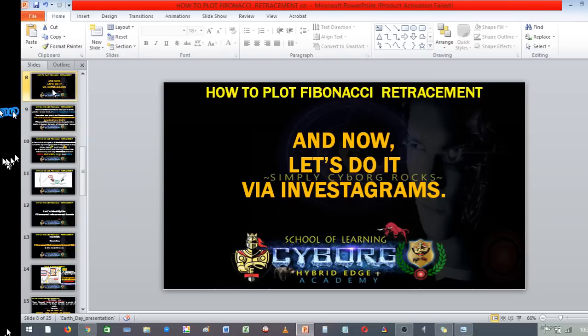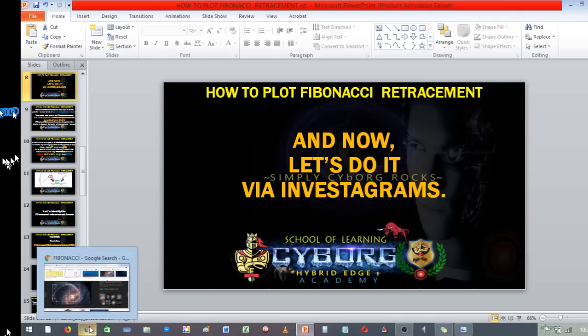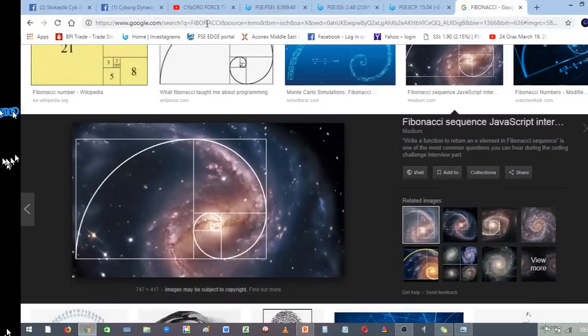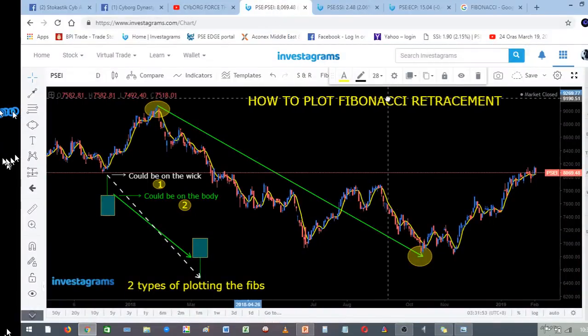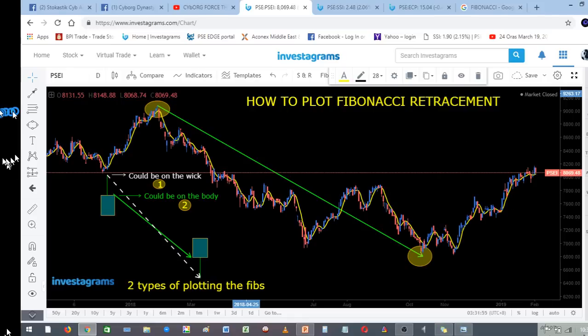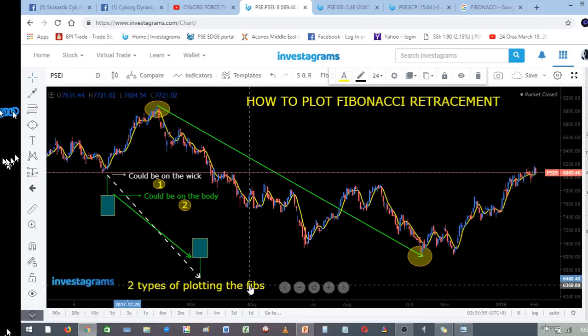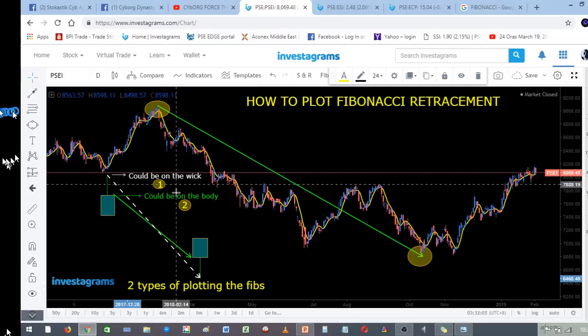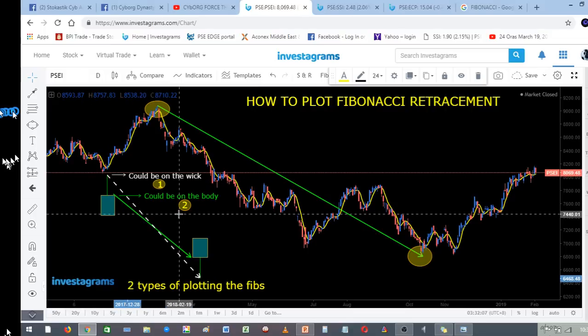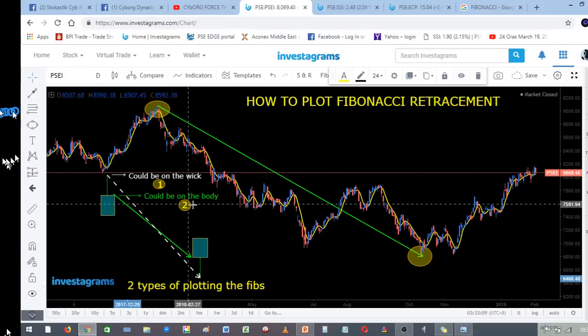And now let's do it via Investigraph. So this is how we are going to plot a Fibonacci retracement. As I said a while ago, there are two types of plotting the fibs. It could be on the wick, or the second type is on the body.